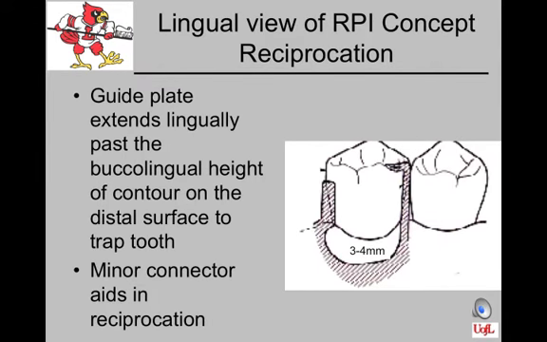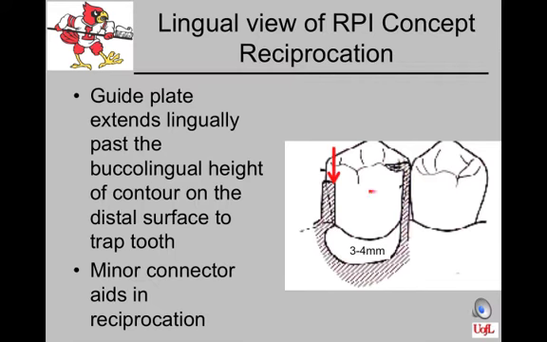A view from the lingual aspect of the RPI clasp system reveals a mechanism for reciprocation for the clasp assembly. First of all, the guide plate extends lingually past the buccolingual height of contour on the distal surface of the tooth, and it functions to trap the tooth from moving to the lingual when the I-bar flexes into the 0.01 undercut.